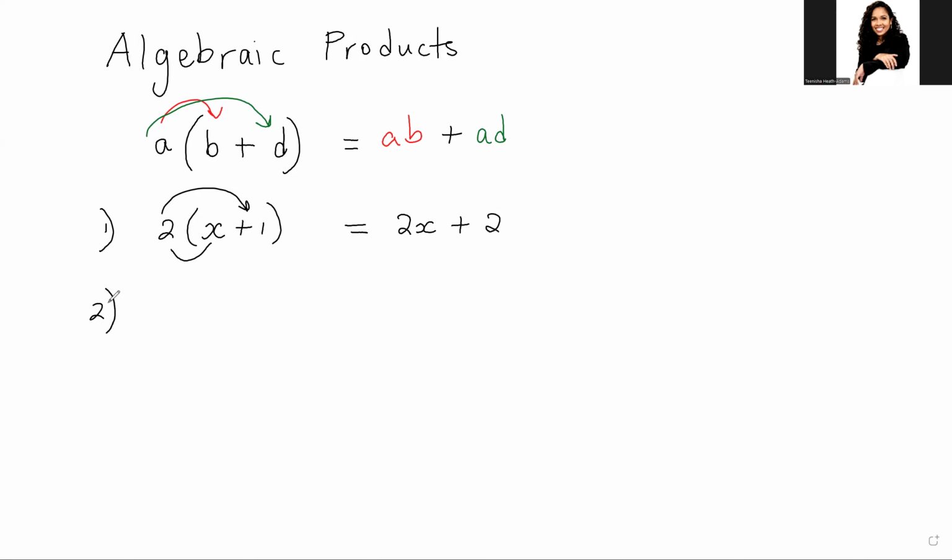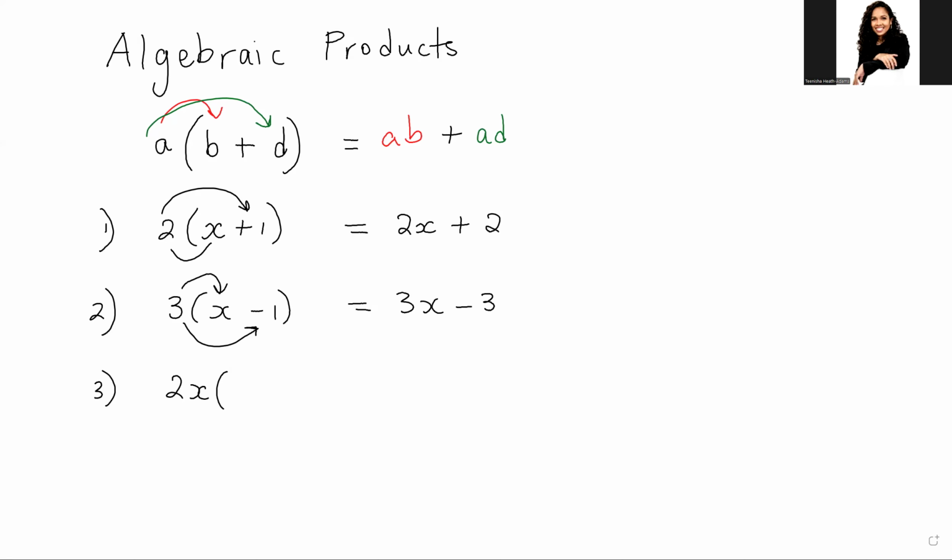Similarly, if I had 3 times x minus 1 instead, this will give me 3 times x, which is 3x, and 3 times negative 1, which gives me minus 3. You can also have, let's say you had 2x on the outside. That would be 2x by x minus 3.